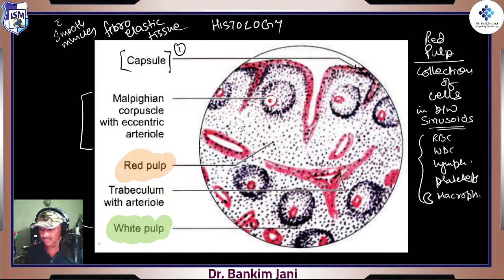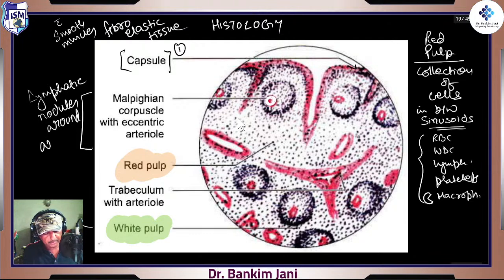I don't know why such a complicated name, but putting it in simple words, it is just lymphatic nodules around an arteriole, and that's the white pulp.